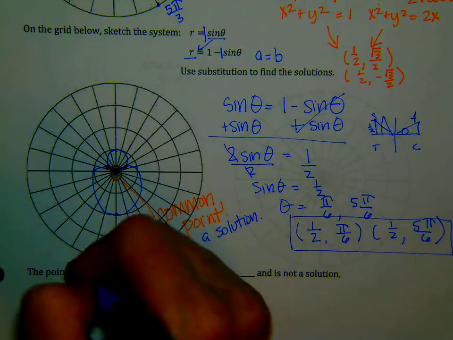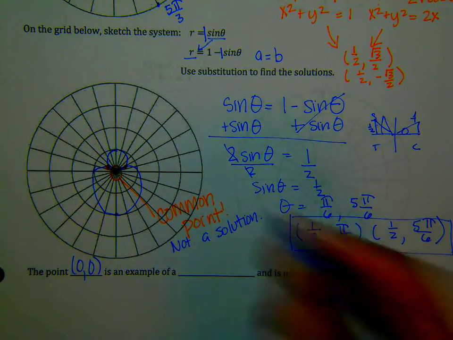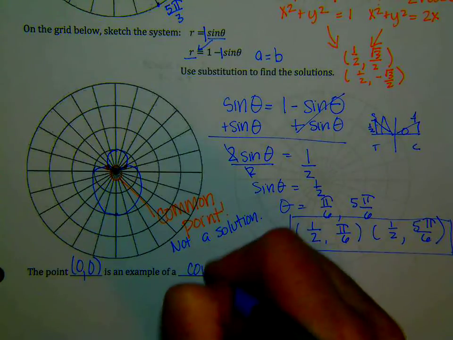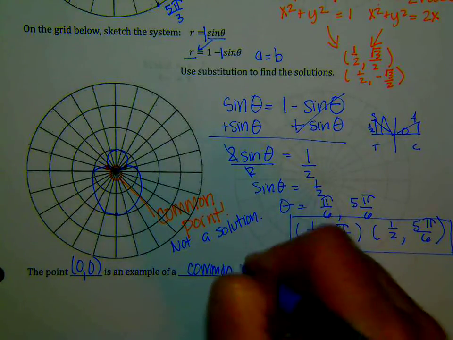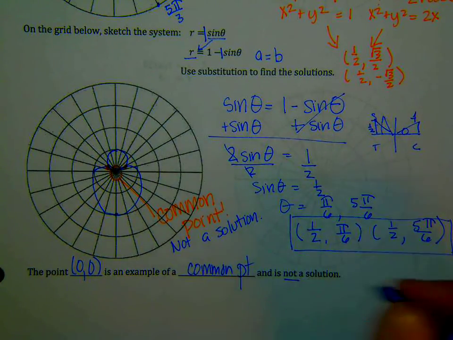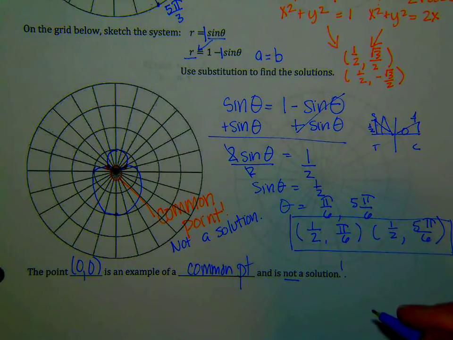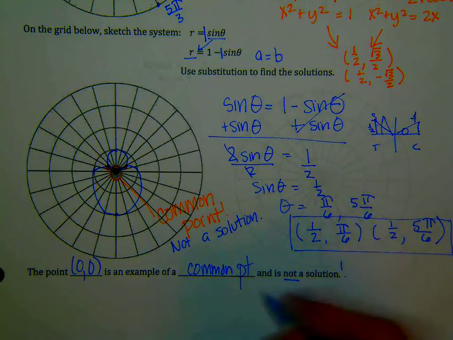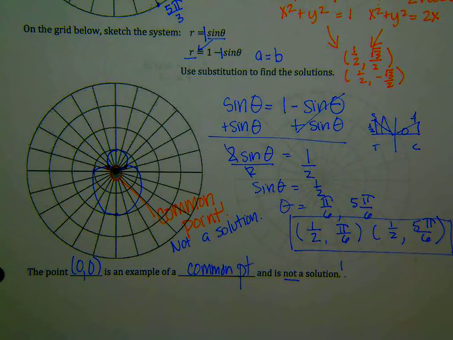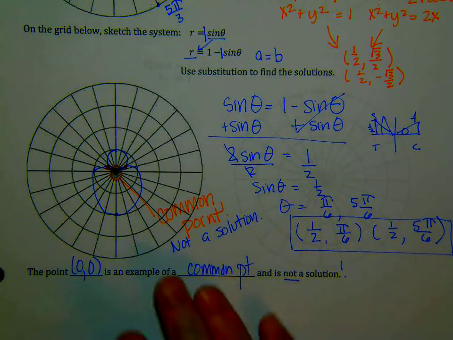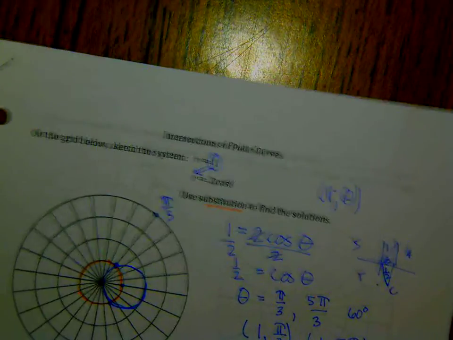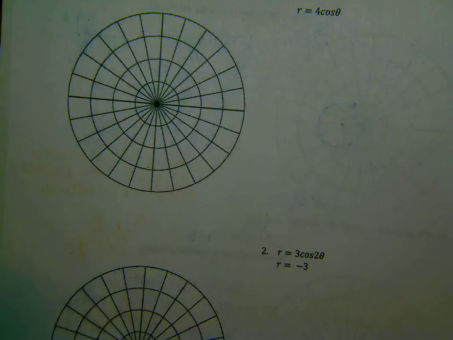The point 0, 0 is an example of a common point and is not a solution. So we can't count it as a solution. It's called a common point. Okay, so let's do it again. We have to be able to differentiate for that.